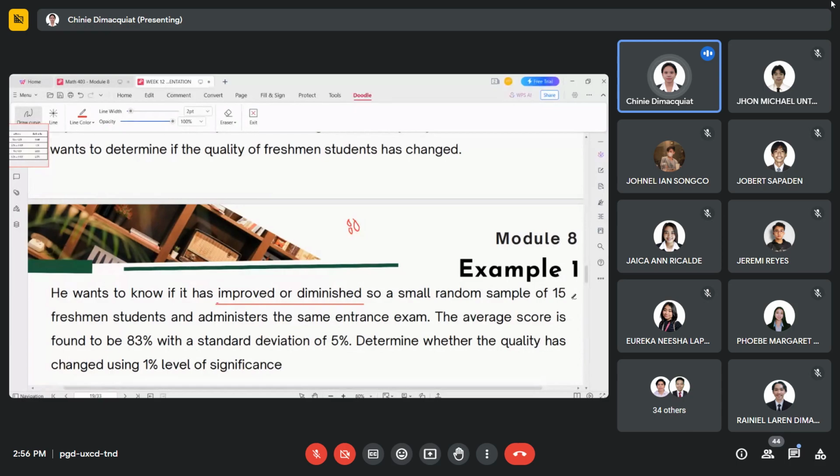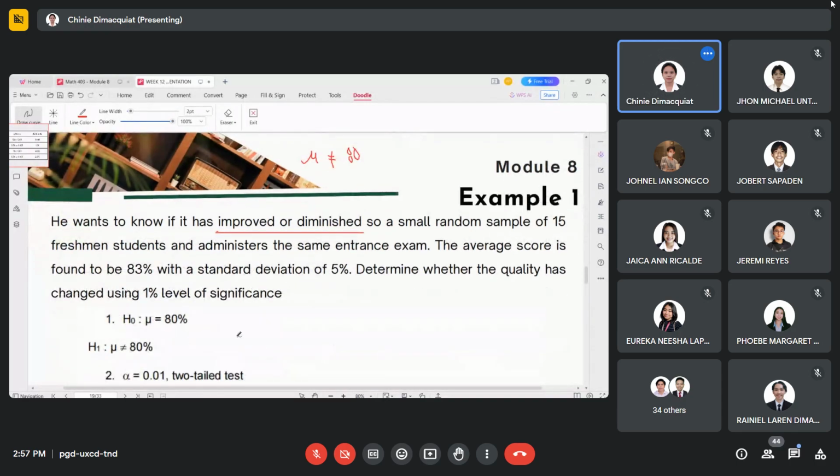Determine whether the quality has changed using 1% level of significance. So yan yung mga information. So since meron tayong value na 80 and average pa rin yung pinag-uusapan natin, we'll have this as our null hypothesis. And since gusto malaman kung nag-improve ba, tumaas ba kay 80 or bumaba kay 80, so mean is not equal to 80 as our alternative hypothesis.